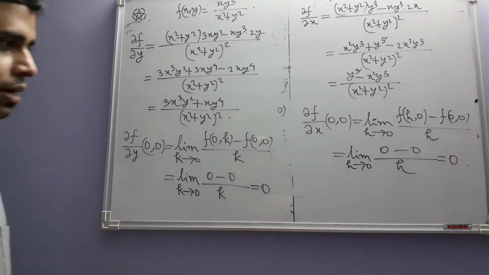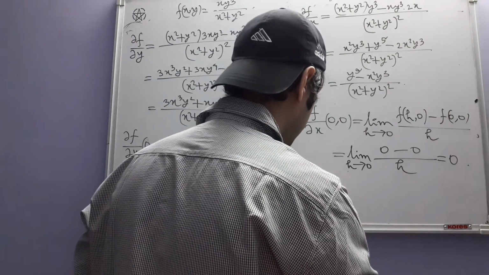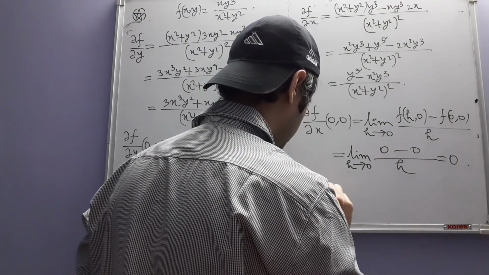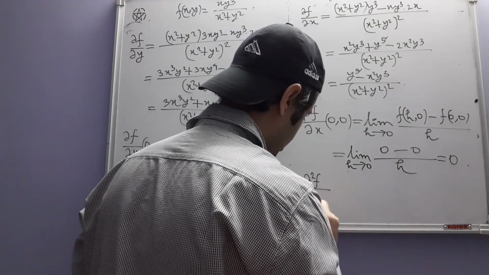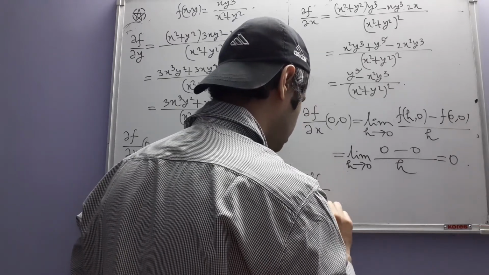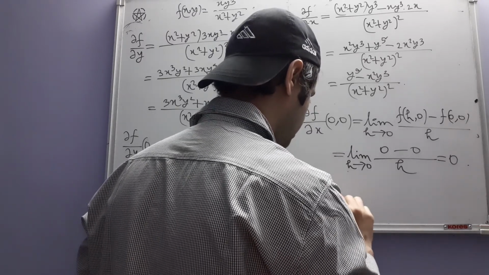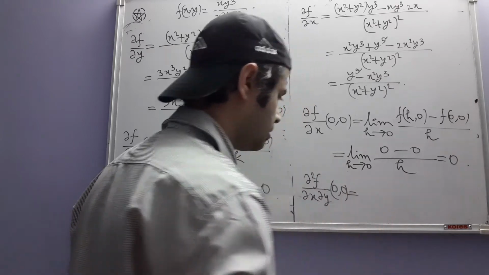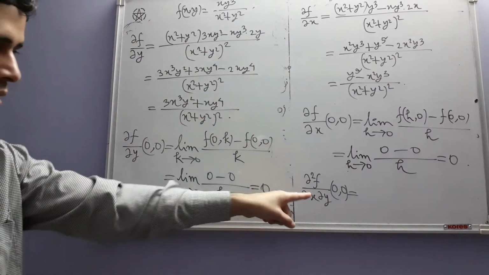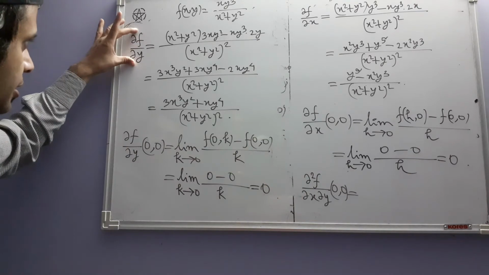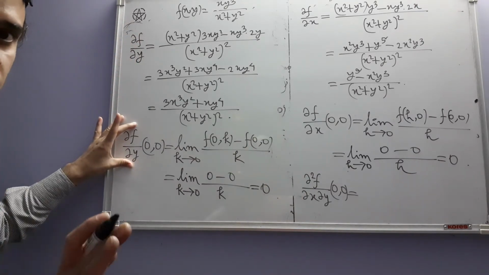Right? Now we calculate this one. Partial derivative of this at (0, 0). Here also I apply the definition, but now we are differentiating this function partially with respect to x.